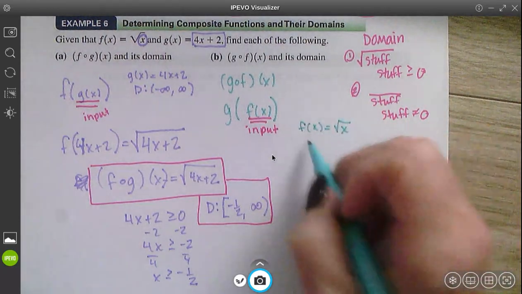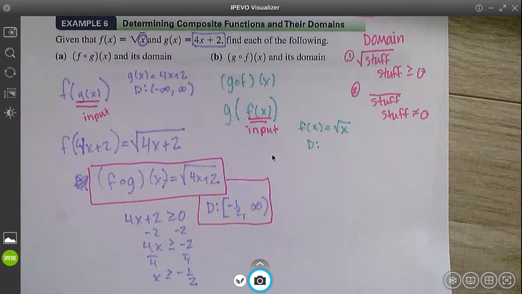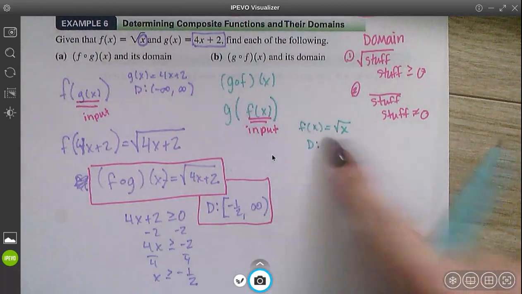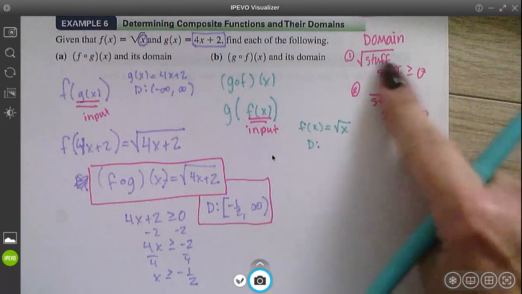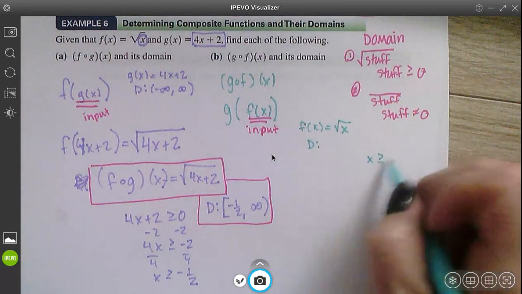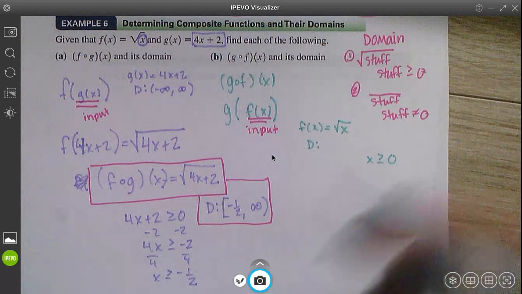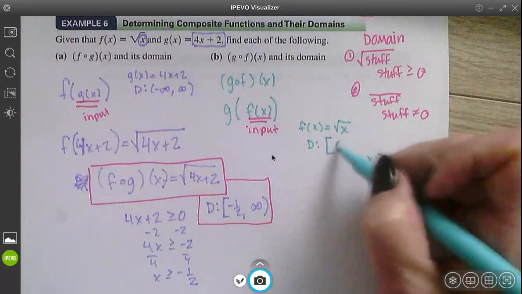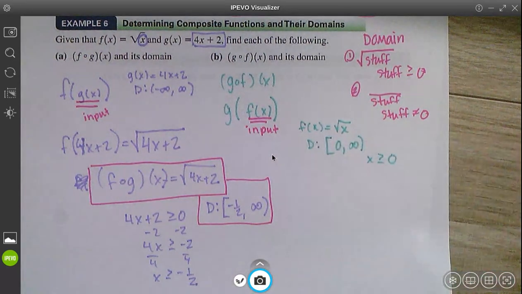What is the domain for square root of x? Well, it's one of our parent functions, so you might remember it from doing section 6, I think it was. Or you could do it algebraically. I have a square root, so I need to take what's inside the square root, set it greater than or equal to 0, which gives me a domain of 0 to infinity, including 0.